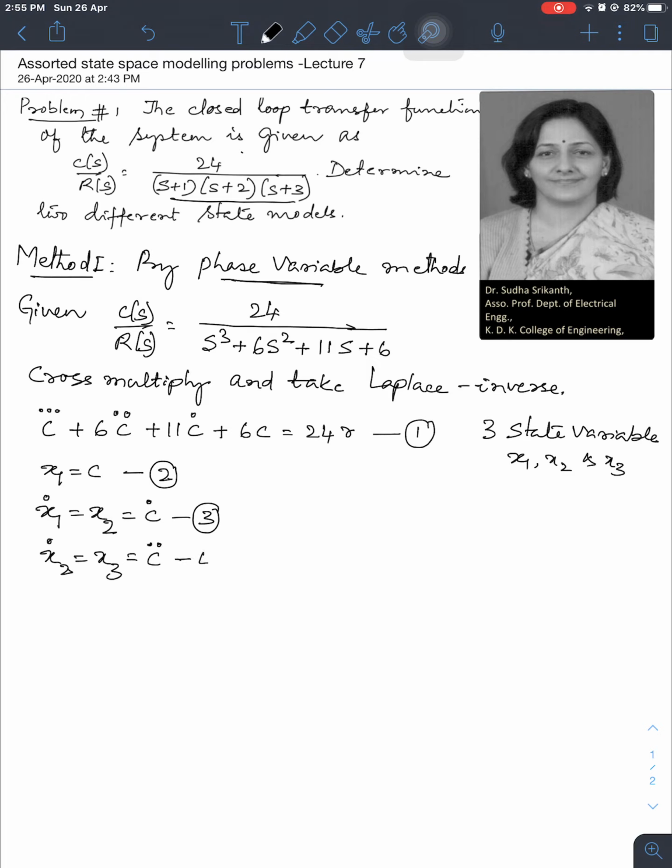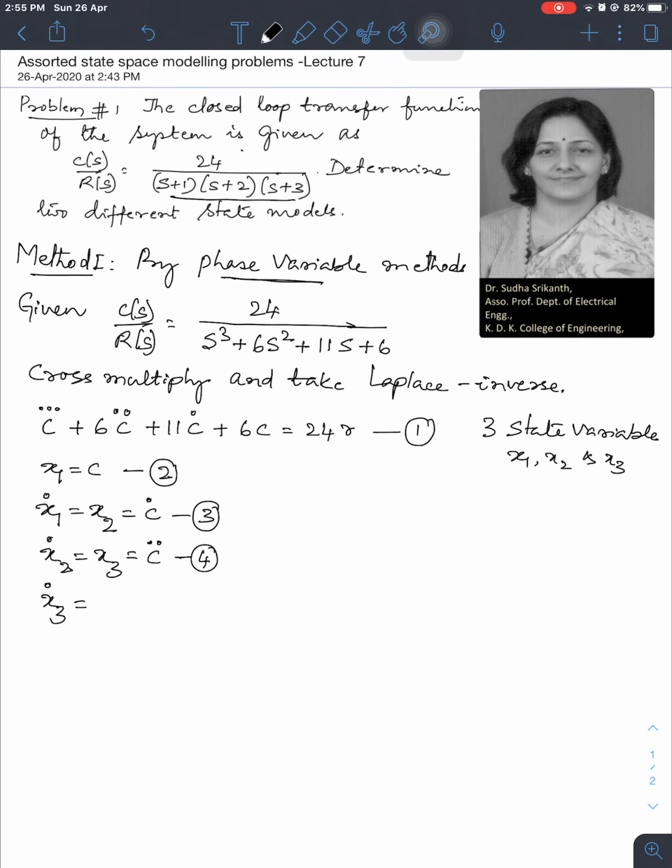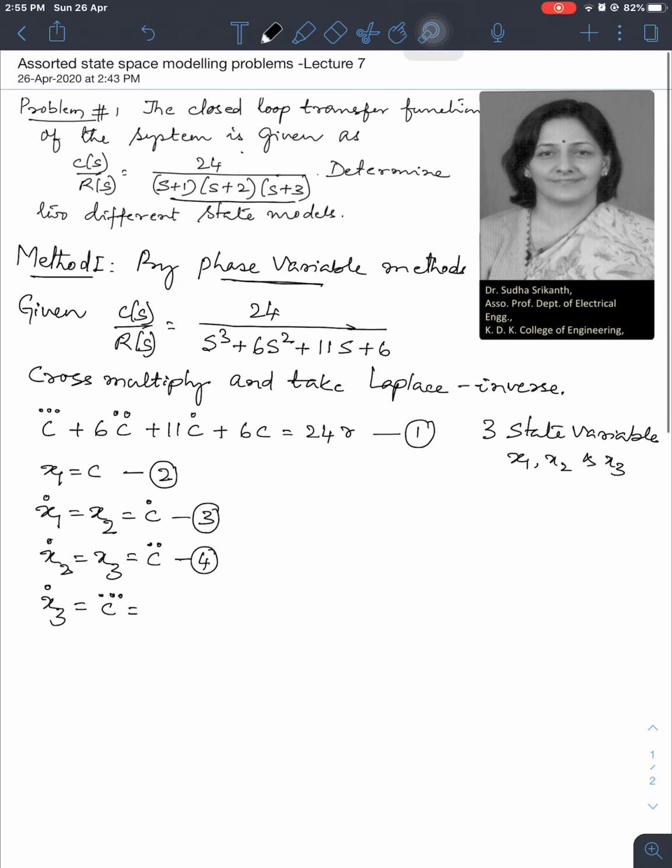This is equation 4. Now we differentiate x3, and x3 dot is nothing but C triple dot. This can be written from equation 1 as minus 6c minus 11c dot minus 6c double dot plus 24r. This is from 1.